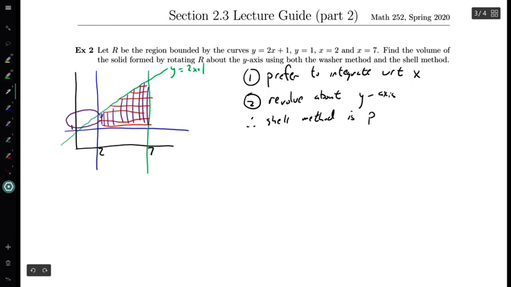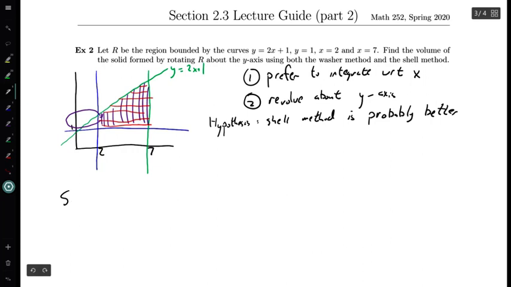Maybe we shouldn't say therefore here. Maybe we should just call this a hypothesis. So the shell method, we are hypothesizing, is probably better. All right, so we have a hypothesis, but we want to actually engage with both of these methods.